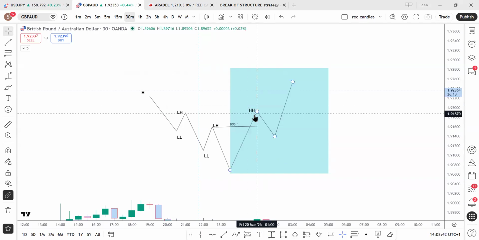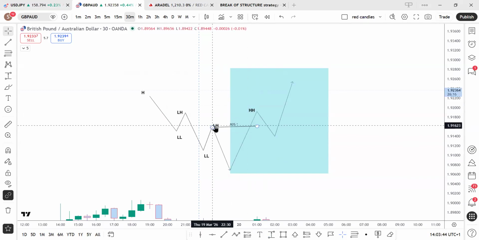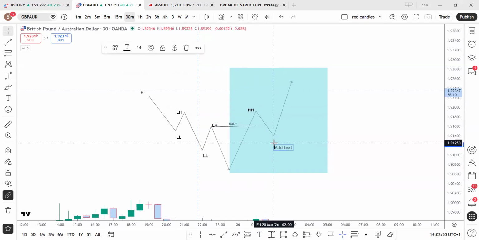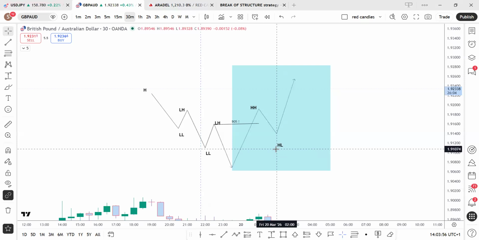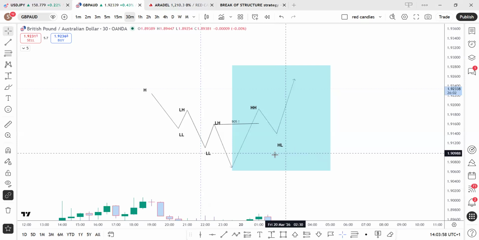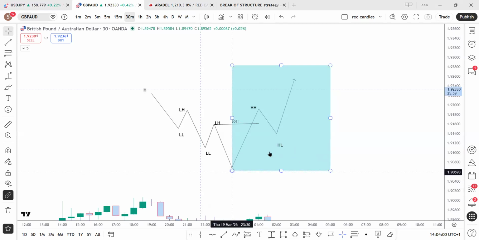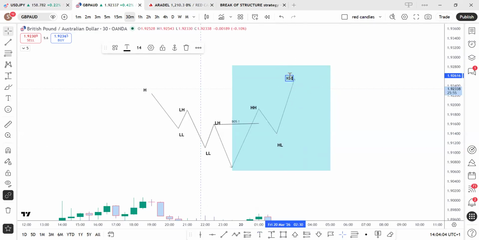Why is it a higher high? Because it's higher than this last lower high here. Then it gives you a higher low this time around, which is higher than this low here, and then the last leg, a higher high.